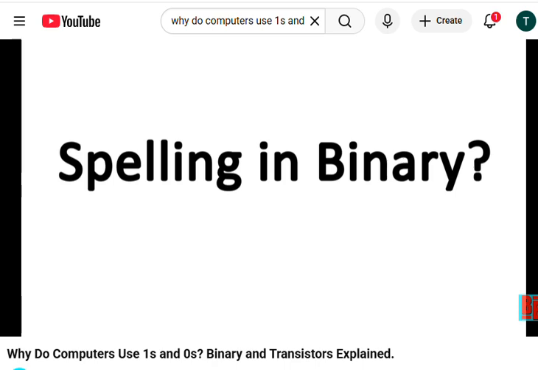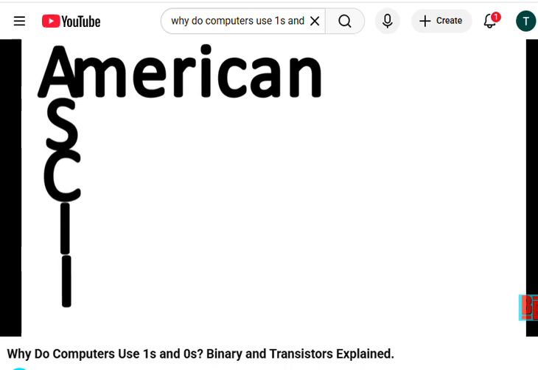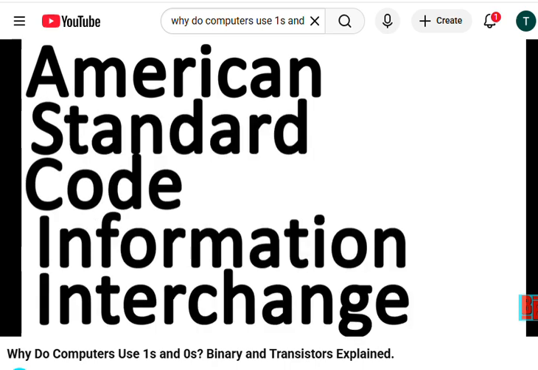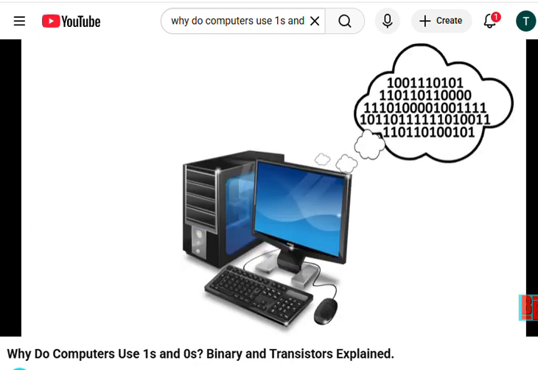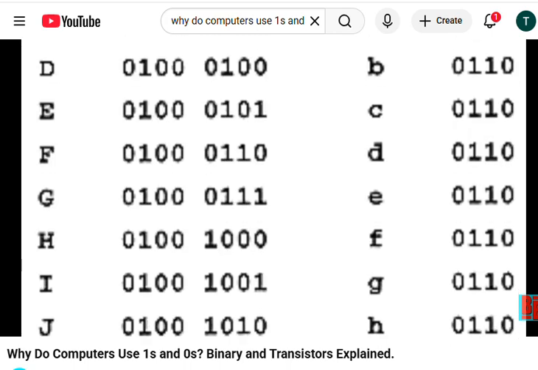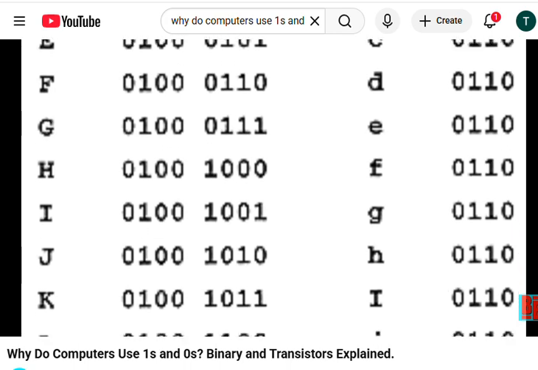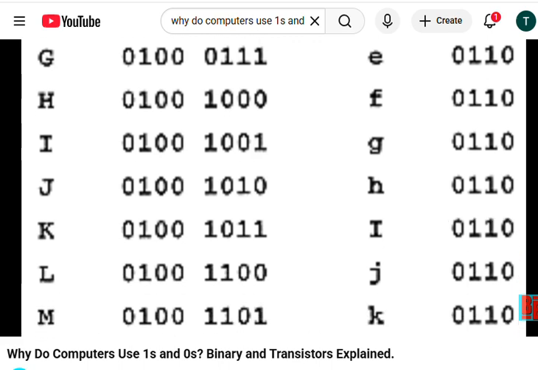So if binary is just a system of counting, what do people mean when they explain how to spell things in binary? Well, what they really mean is how to spell things with ASCII. The American Standard Code for Information Interchange is a way to convert a computer's data, which can only be in numbers, into letters for humans to have an easier time to work with. ASCII simply assigns a character to each value represented by a byte of binary.